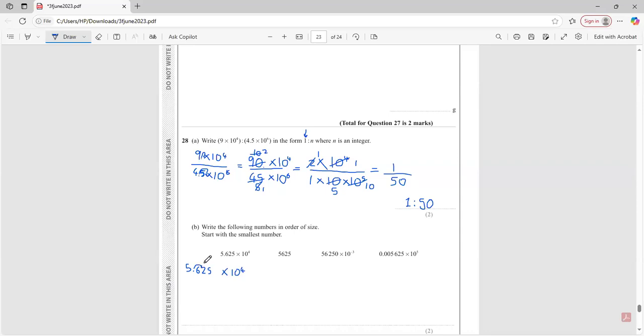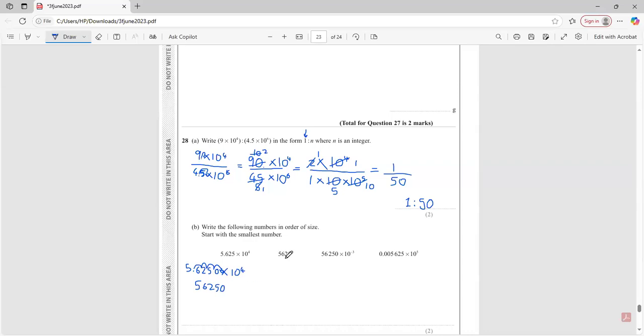So we have 1, 2, 3, and 4. Because there's no number after 5, I'm going to put a 0 there. So this number is actually 56,250.